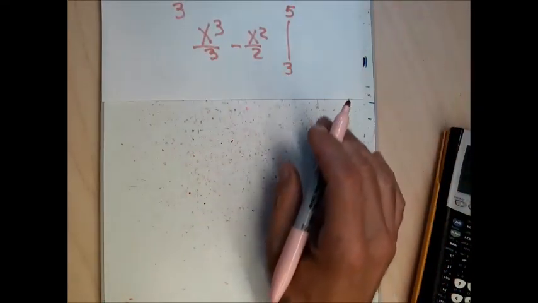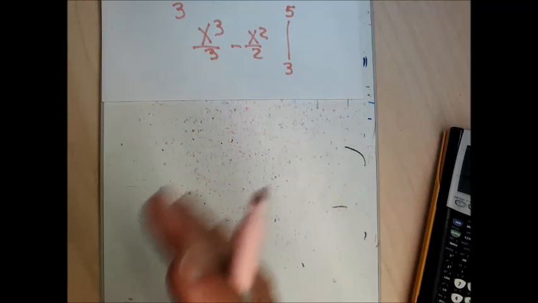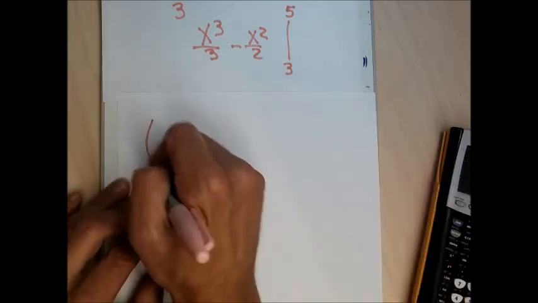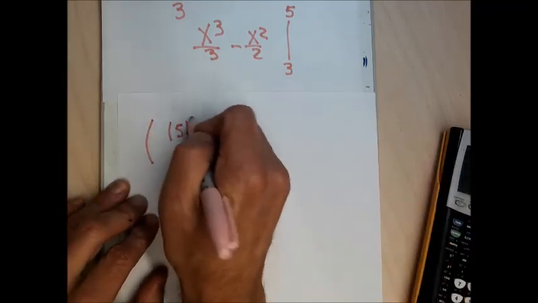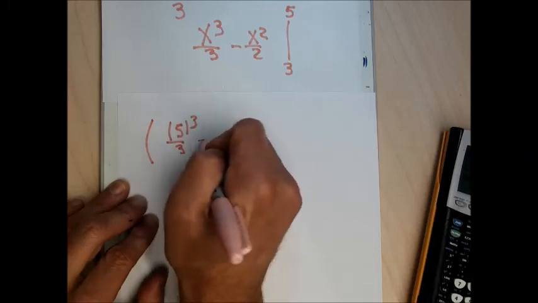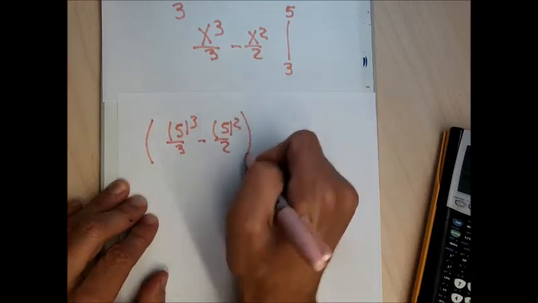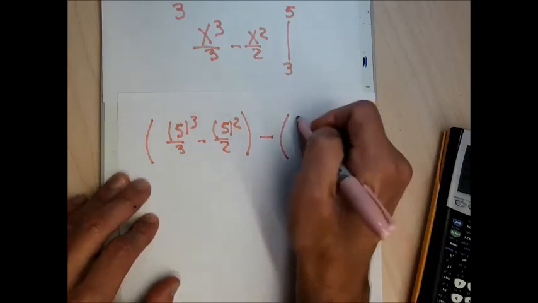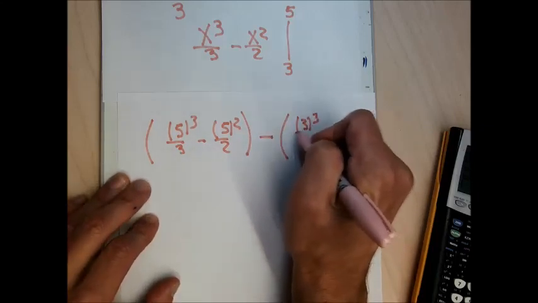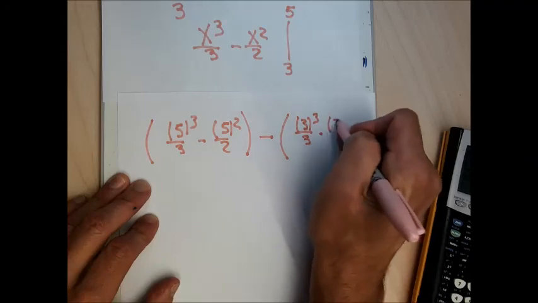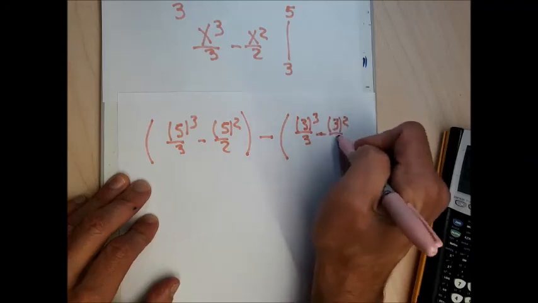I write too big. So I'm going to plug in 5 for x and do 5 cubed over 3 minus 5 squared over 2. And I'm going to plug in 3 for x and do 3 cubed over 3 minus 3 squared over 2.